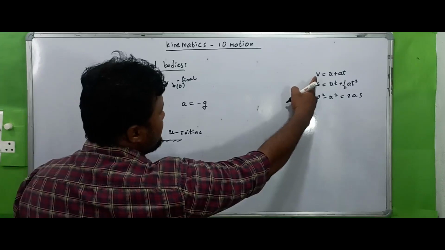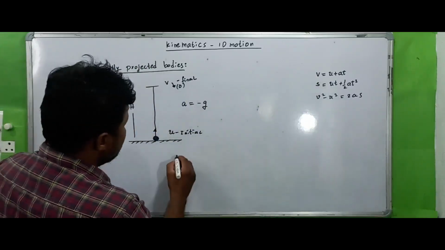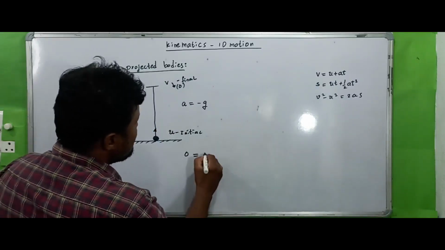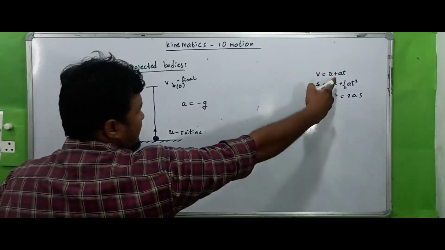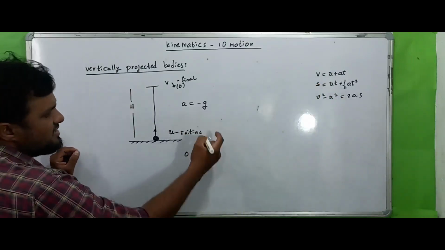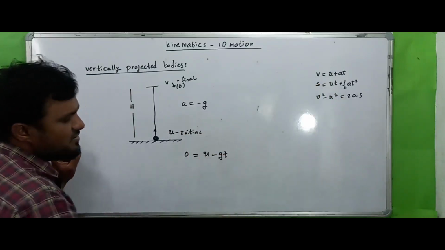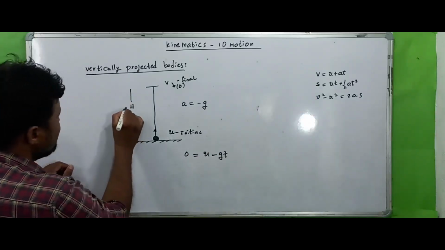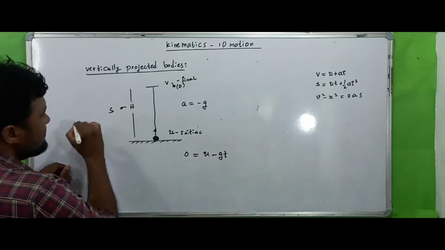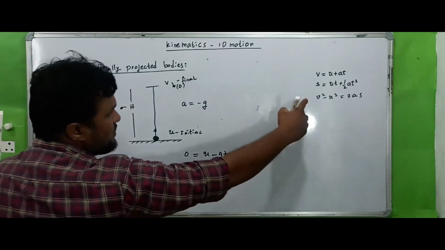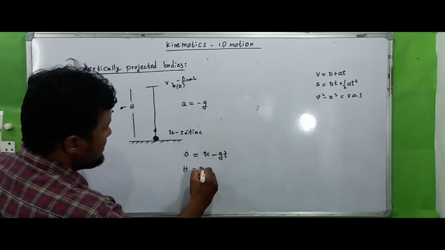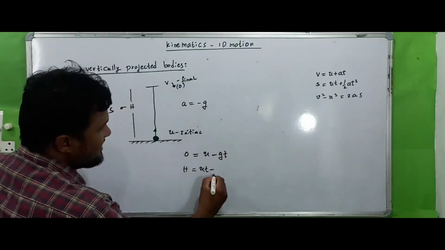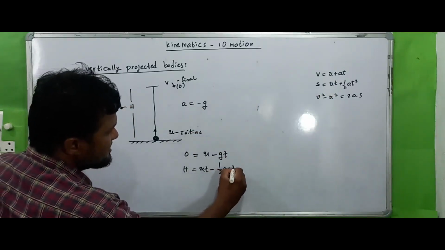Now these equations become, under these conditions, with final velocity 0: 0 is equal to u minus gt. And in the second equation, s is nothing but h. So h is equal to ut plus half at square, where a is minus g, so h is equal to ut minus half gt square.